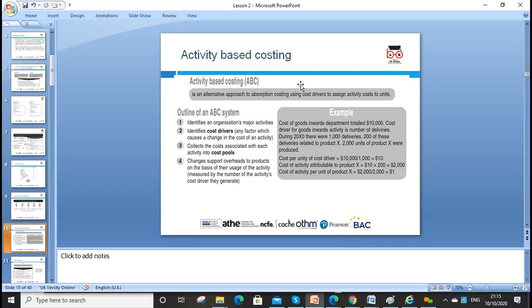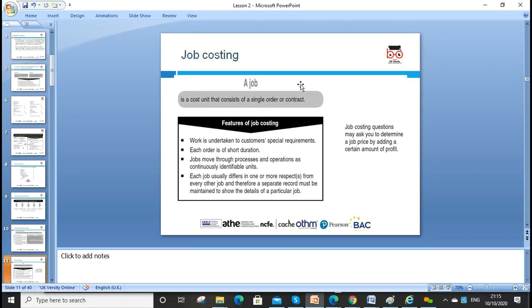That is the delivery cost we need to absorb into the product if we're not charging it separately to the client.